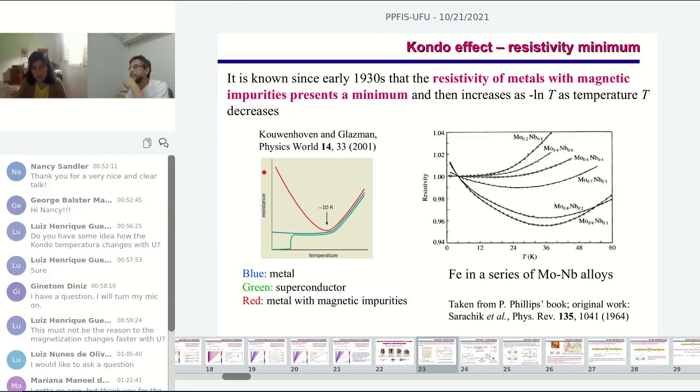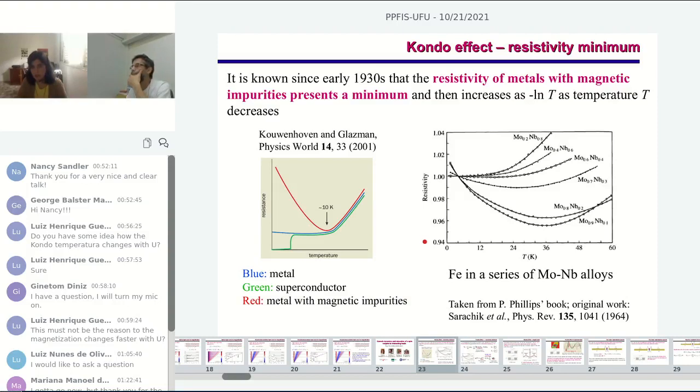This is a sketch of the resistance as a function of temperature. For a regular metal, it's the curve in blue. It goes to a constant as we decrease the temperature. For a superconductor, it goes to 0 below a critical temperature. And in the case of a metal with magnetic impurities, we have a minimum.